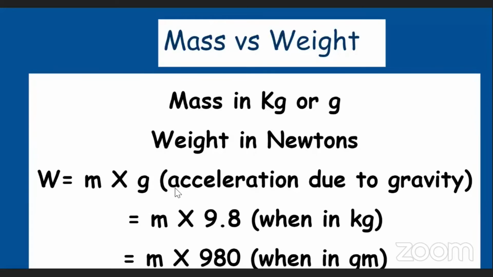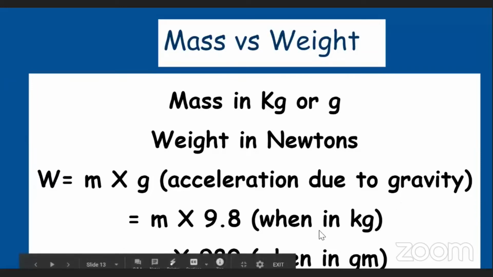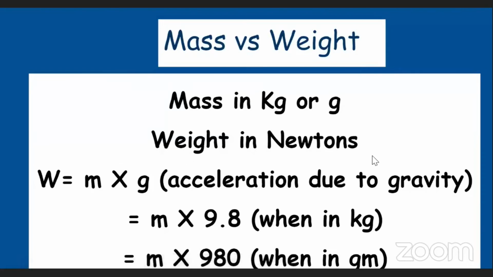This quantity g, we call acceleration due to gravity. Again, some of you may be familiar, some of you are not. When you are measuring in kg, it is 9.8, but when you are measuring in gram, it becomes 980. So mass, when multiplied with some constant value, actually gives us weight. But weight is actually a force, so measured in newtons.